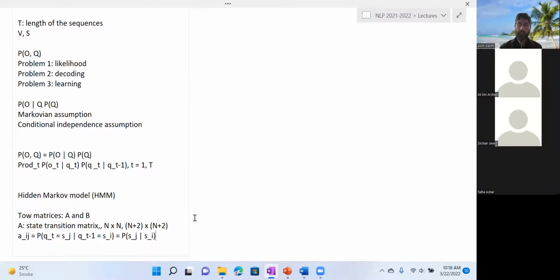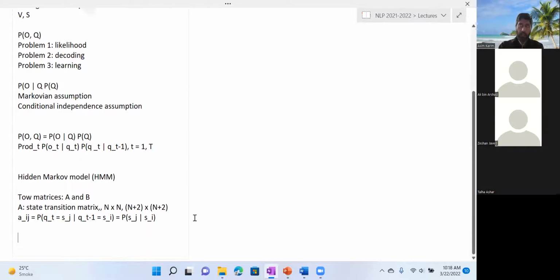Do you understand that? So the matrix is filled with the information for the transition from one state to another state. And of course, we have N plus 2 possible states, so this becomes a square matrix, N plus 2 by N plus 2.